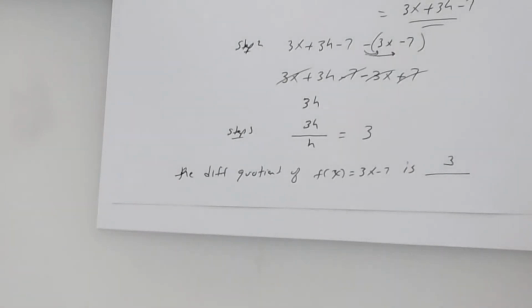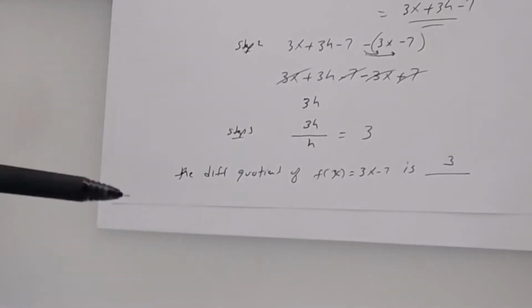That's the answer. So the difference quotient of this function is just 3. Now, when you take calculus, you're going to know some shortcuts. You don't have those shortcuts here because it's not calculus. But in calculus, you're going to do the difference quotient this way first, and then you're going to come up with those rules. There are some shortcut rules that you can use. It saves you a lot of time.